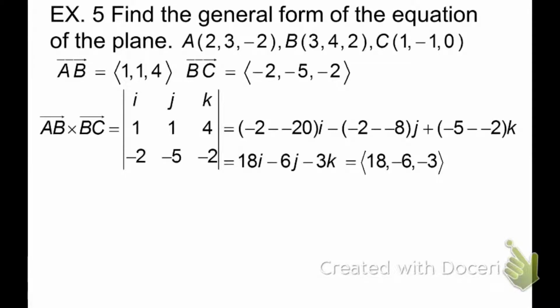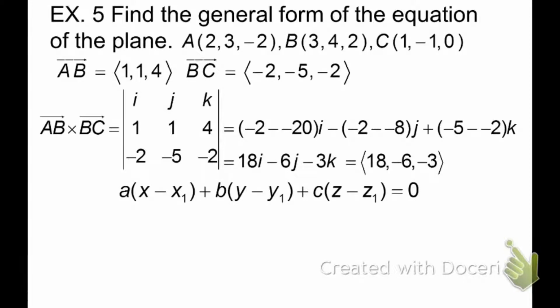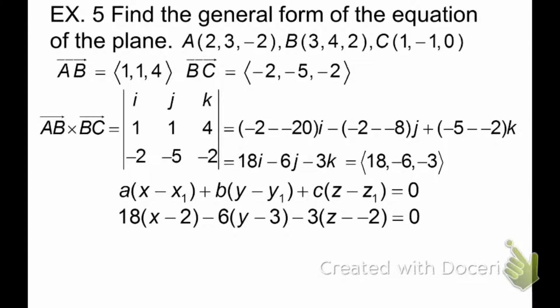So remember, your vector is (a, b, c) that we're plugging in, and your point is (x1, y1, z1). So when I plug into the formula, I'm going to have 18 times (x minus 2) minus 6 times (y minus 3) minus 3 times (z minus a negative 2) equals 0. Then we're going to distribute.